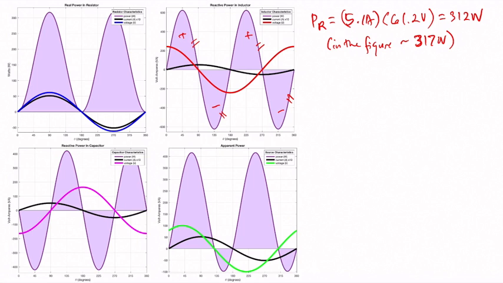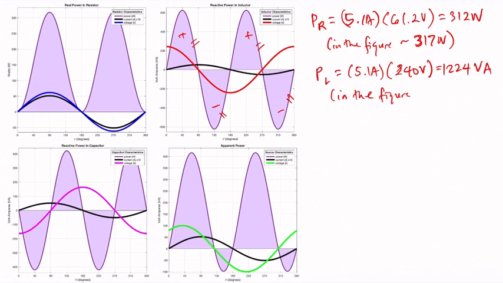If we do the mathematics, the values that we obtained are a current of 5.1 amperes and for the inductor, 240 volts. This will give us around 1224 volt amperes, but in the figure you can clearly see that it's not 1.2 kilovolt amperes, but about 312 watts.